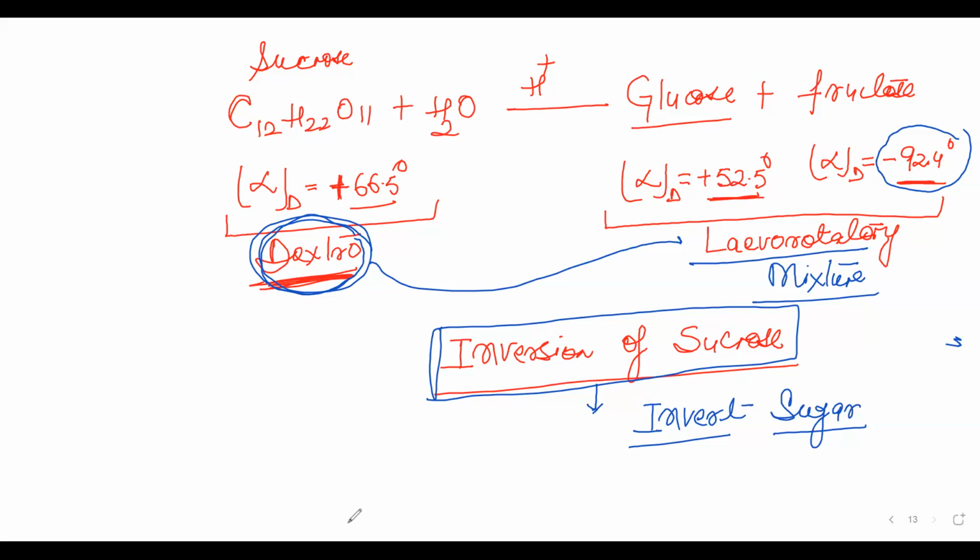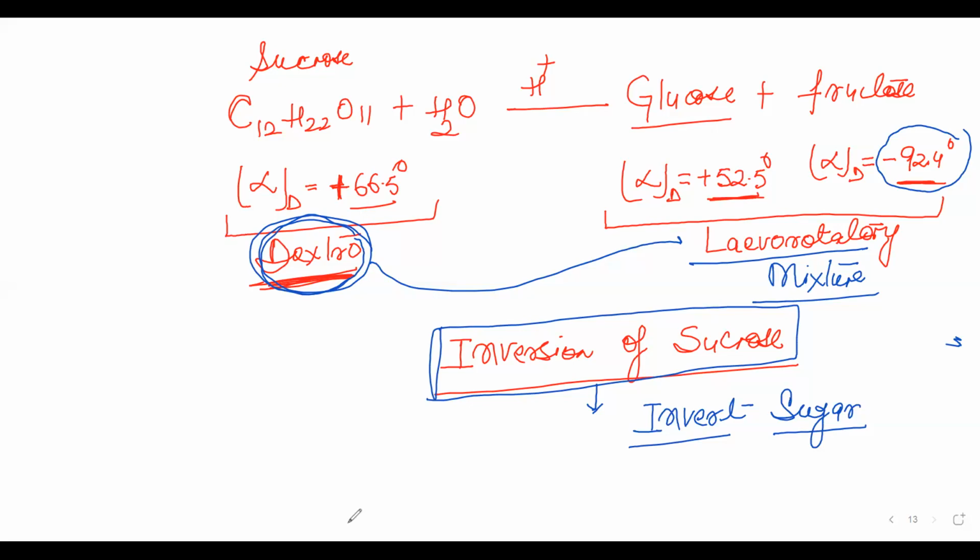So sucrose is a dextro-rotatory compound, and on hydrolysis it changes into a levo-rotatory mixture.